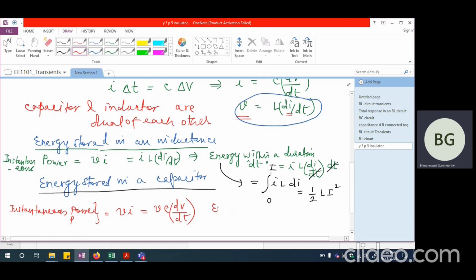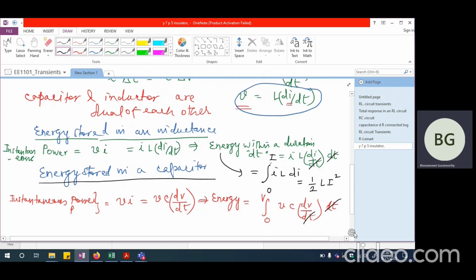So if I want energy stored in the capacitor, I should say that is the integral from 0 to a certain V value, which has to be actually V multiplied by C multiplied by dV by dt, and this has to be integrated with respect to time. So in this particular case also, this dt and this dt will get cancelled.